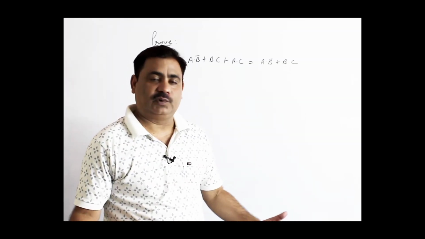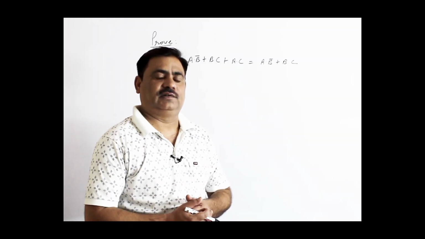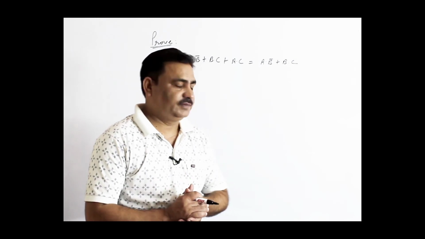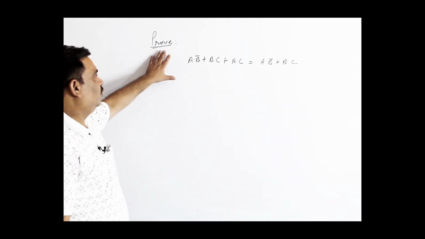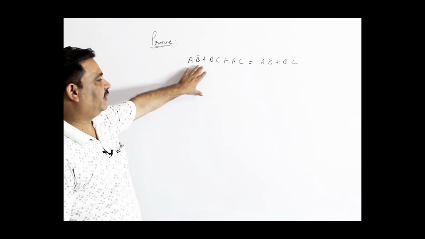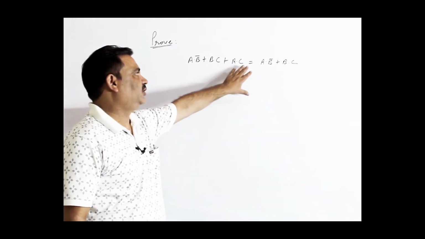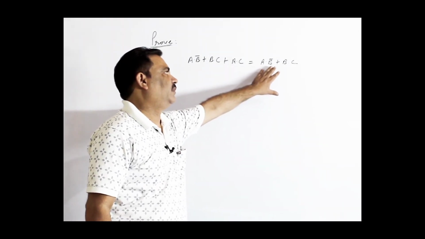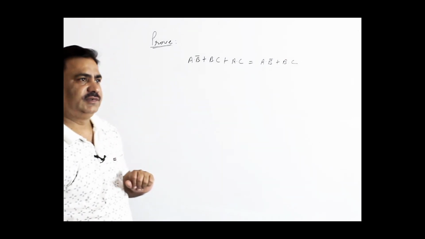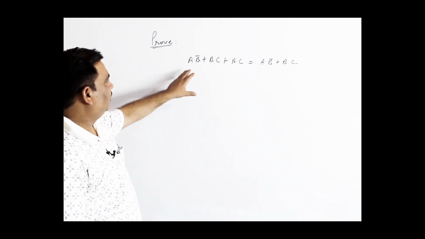Let us continue with one more proving example of Boolean expressions. We have to prove A dot B complement plus B dot C plus A dot C is equivalent to A dot B complement plus B dot C. How can you prove this?